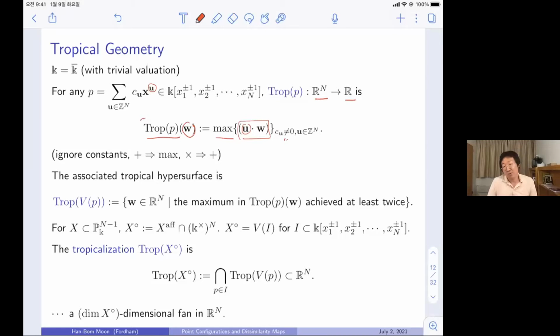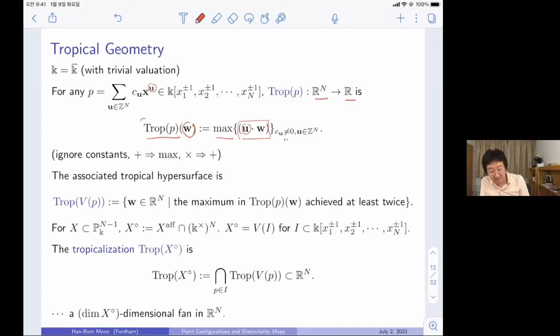Of course, this is not some randomly constructed creature. I mean, there is very deep theory behind it, but let me ignore everything. And I'm going to use the old-fashioned maximum convention instead of the minimum, which is more common these days.